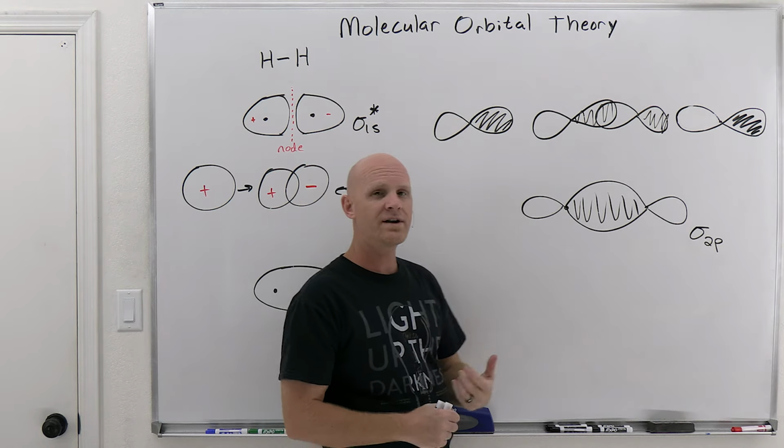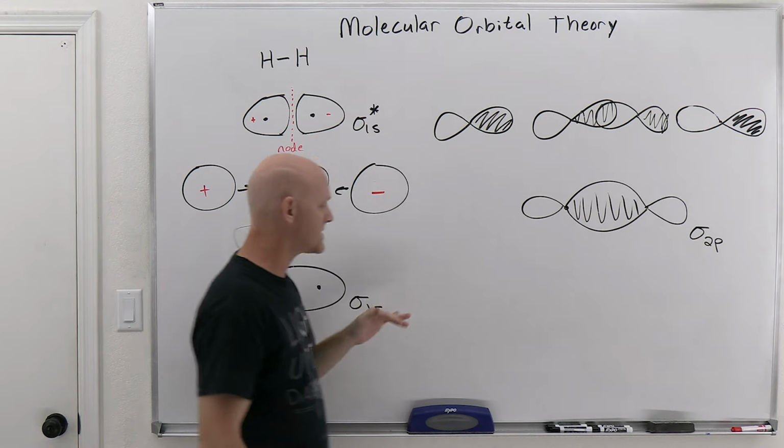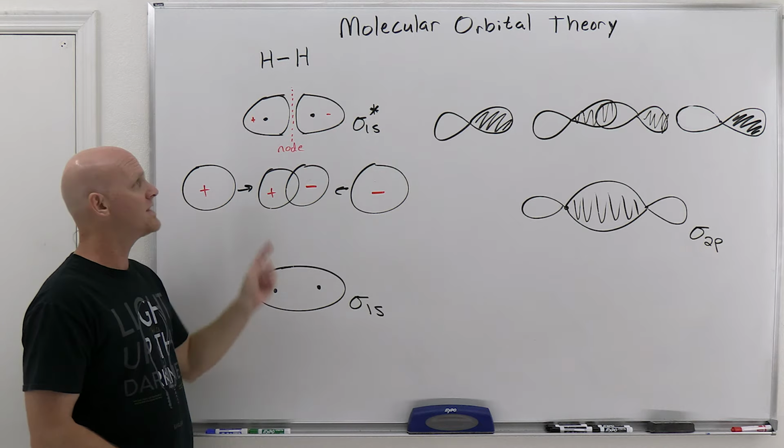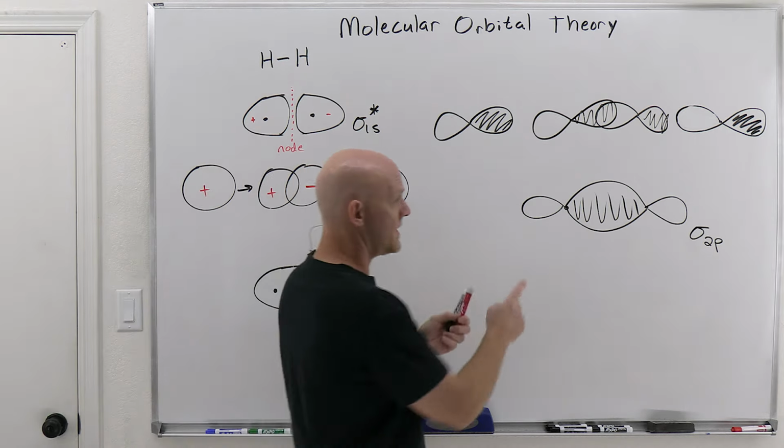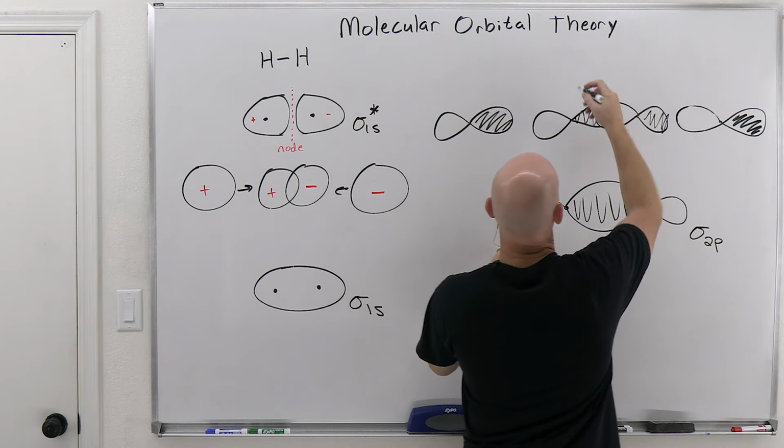And once again, when I want to draw an antibonding molecular orbital, I do it the same way I did over here. I draw the bonding one, and then I just erase that region down the middle where they were having some destructive overlap. So I'm just going to redraw this guy right here.